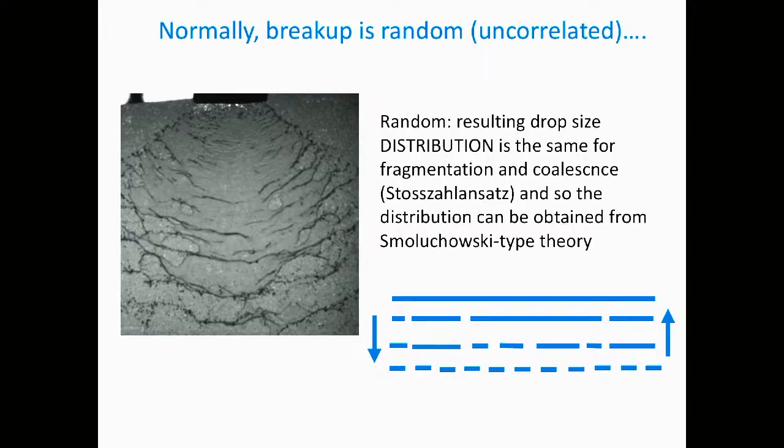You would also end up with such a random distribution. So coalescence and fragmentation are the same process, only the other way around. And that, according to some eminent scientists, leads to a universal distribution for both fragmentation and coalescence.